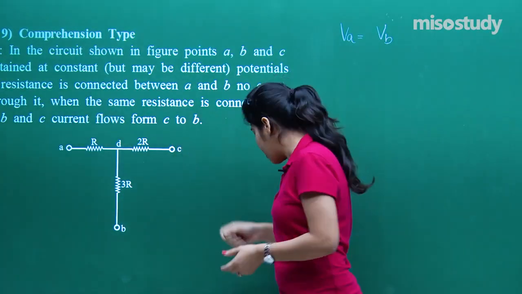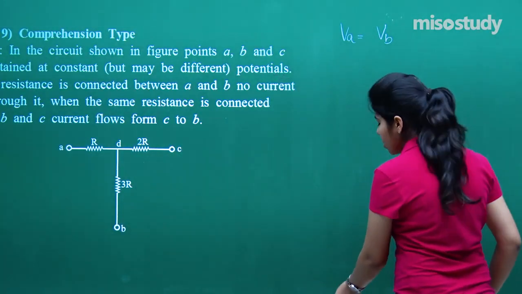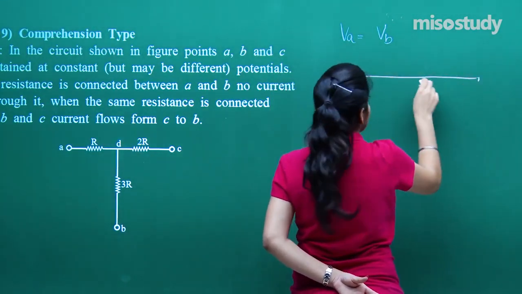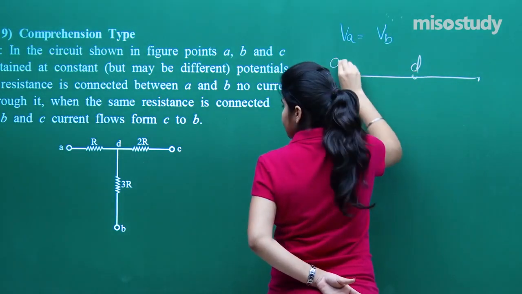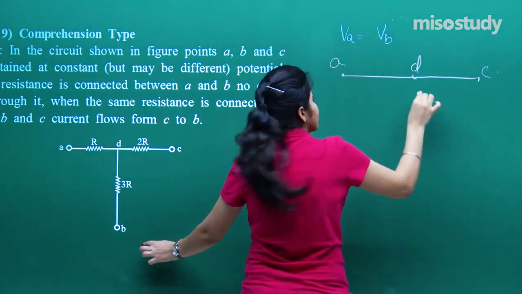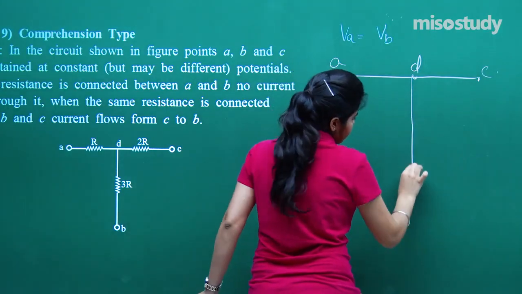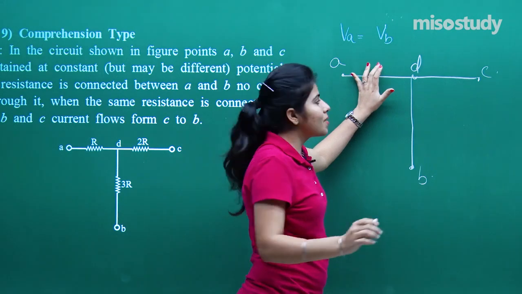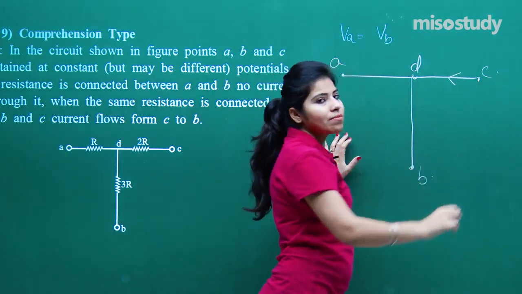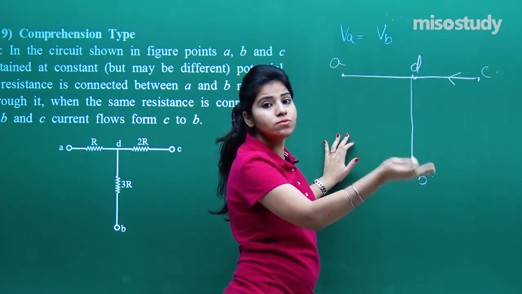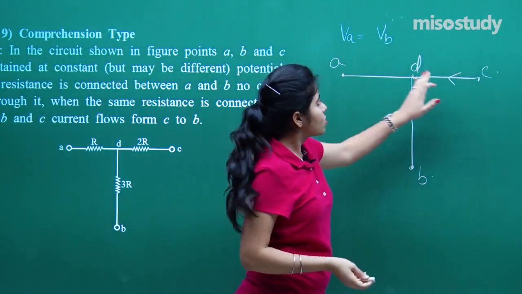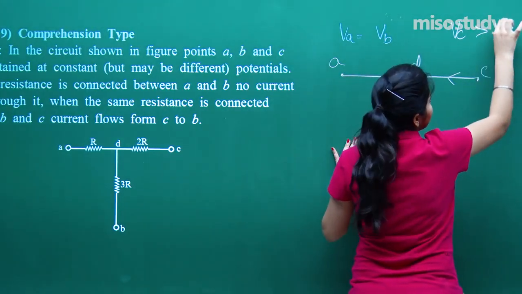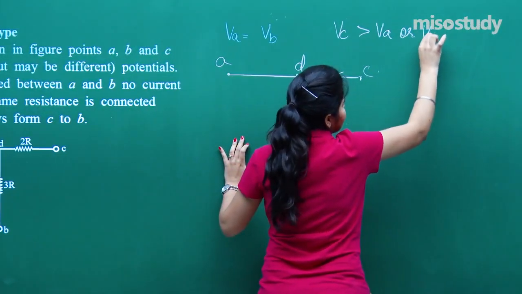Now I can redraw this figure before you like this. This is point D, this is A, this is C, and this is B. Now VA equals VB, and because current is flowing from C to B, the potential VC is greater than VA or VB.